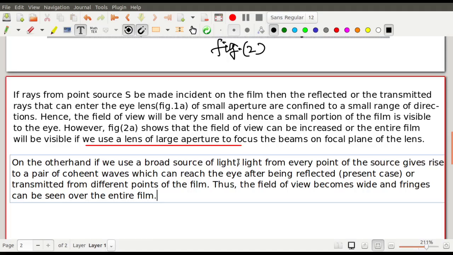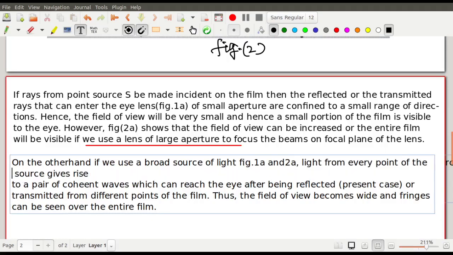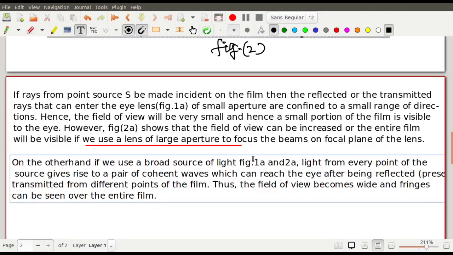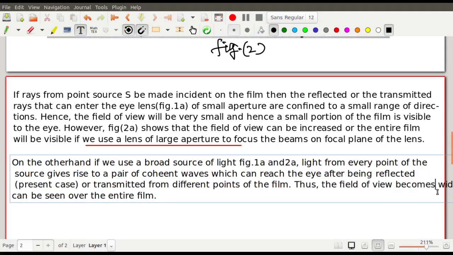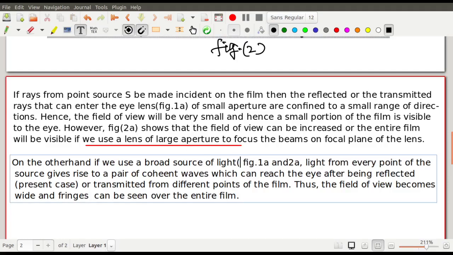On the other hand, if you use a broad source of light, that is figure 1a and 2a, so from these two figures, what do we get actually?